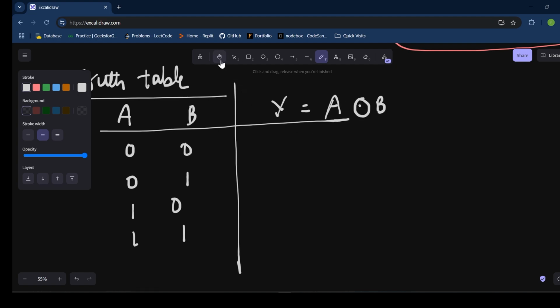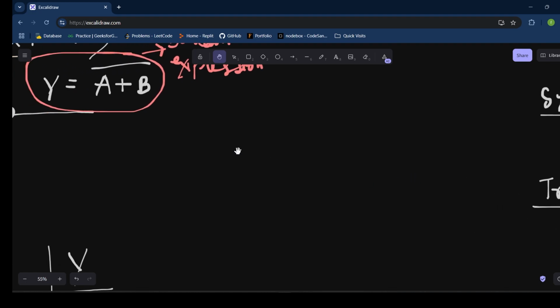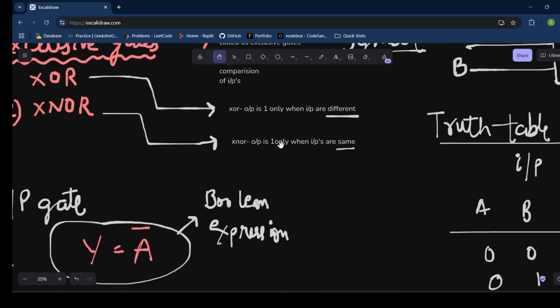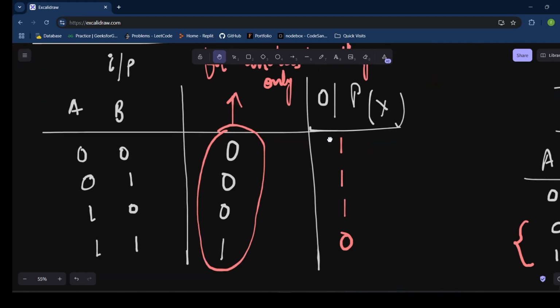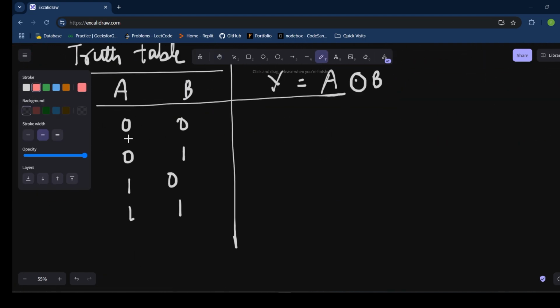And this time, as we had discussed, that for XNOR, output will be 1 when the inputs are same. So here we have same inputs. So here our output will be 1. And for the other cases, our output would be 0.